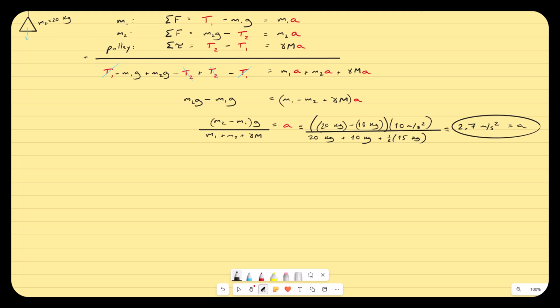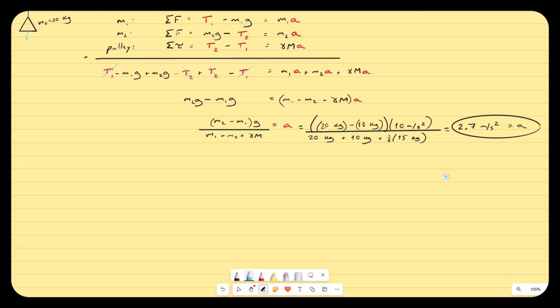If I don't have a mass to my pulley, the only thing that changes is this bottom equation. This would be 0, which means T2 would equal T1. That means this would be 0, and this would be 0, and I would end up with an acceleration of 3.3 meters per second squared.